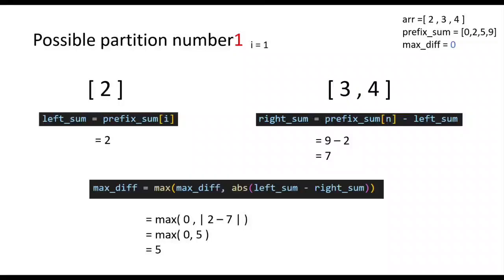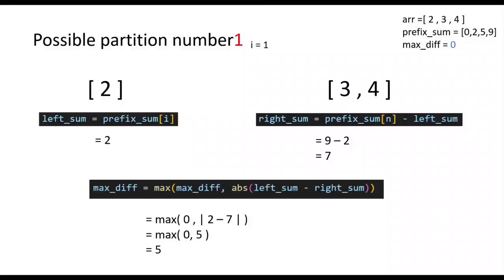So the left sum is 2 using the formula that I have given in the code, and 3 plus 4, that is 7. I have got it by using the right sum formula: prefix sum n, that is the last element of the prefix sum array, minus the left sum which I have calculated previously.